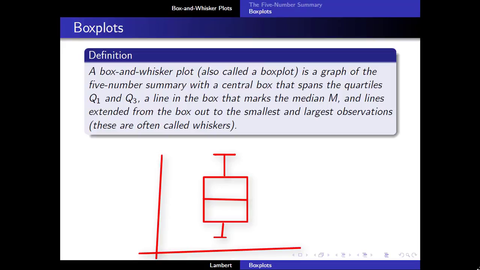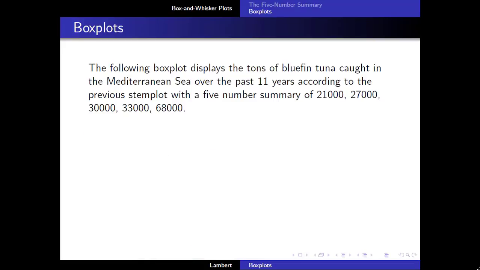As you can see in the graph below, we have some values appearing on the axis on our left-hand side, and then we're drawing a box with whiskers and a line in the middle of that box every time. To see this in action, let's reconsider our previous example where we had the tons of bluefin tuna caught.